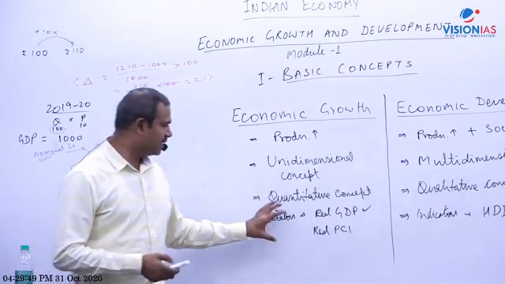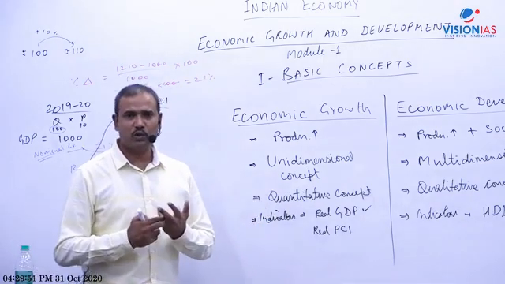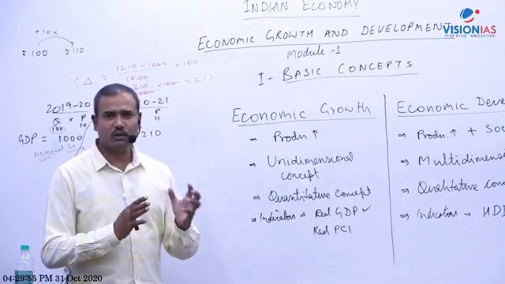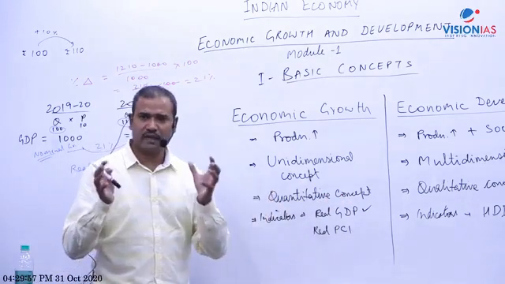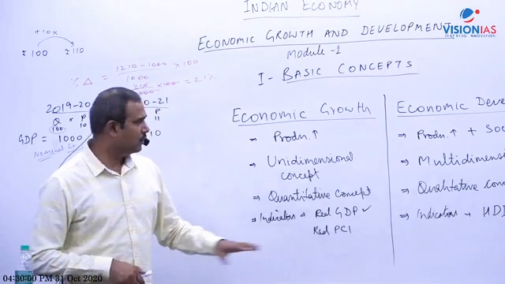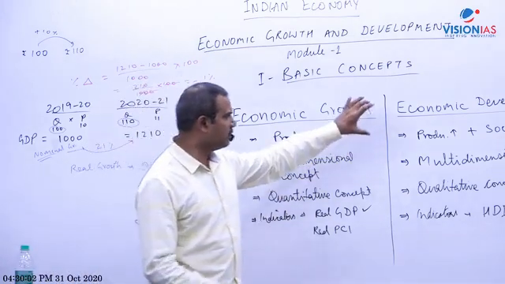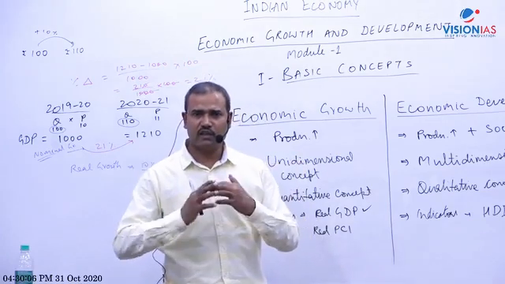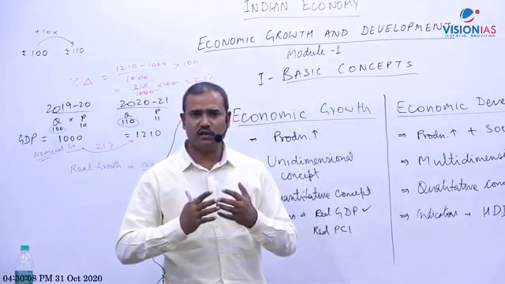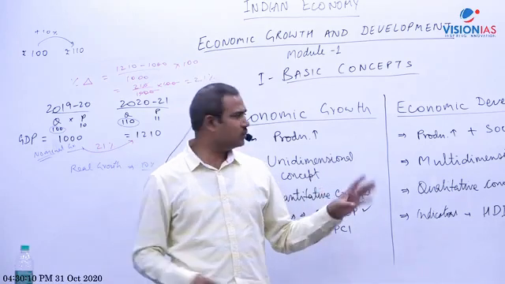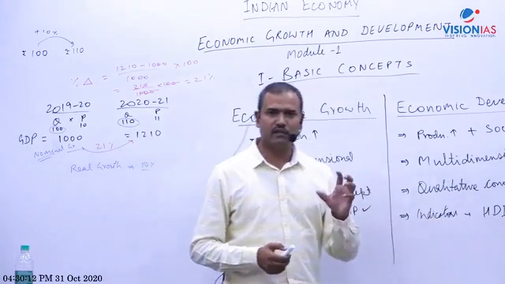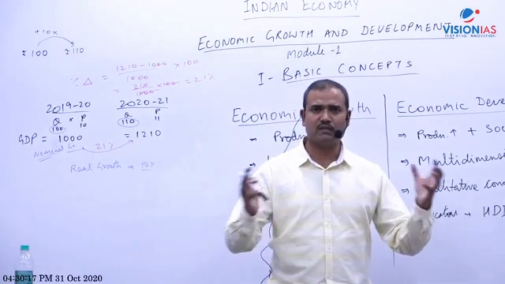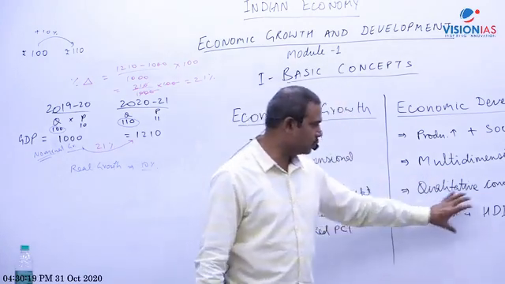Economic growth is measured by real GDP, meaning actual increase in production, or real per capita income, the actual average income of people. And economic development is measured differently, because it is a multi-dimensional concept. It has various dimensions like social, political, environmental, cultural. So we have to measure it by indices which take into account various aspects. Got the point here?